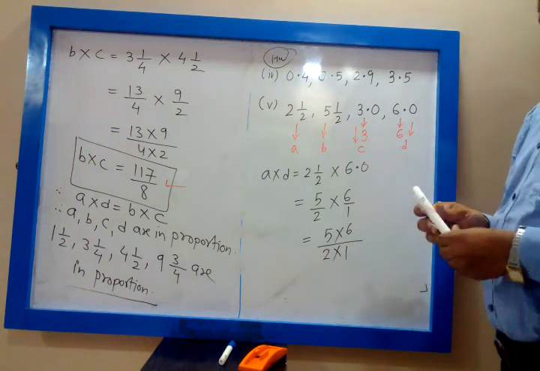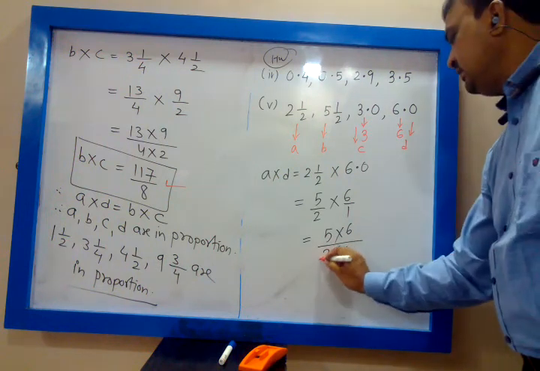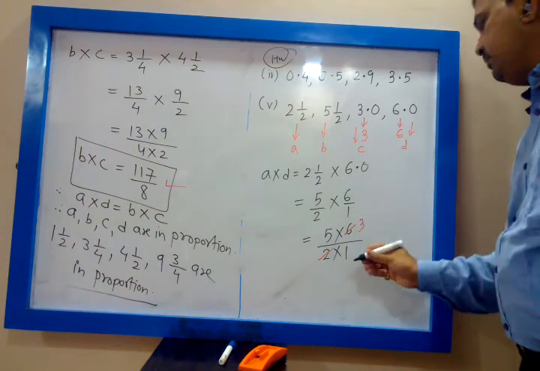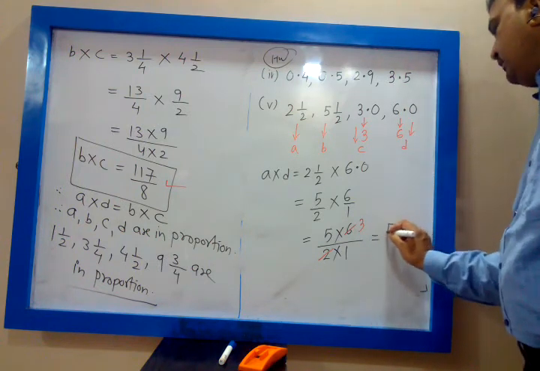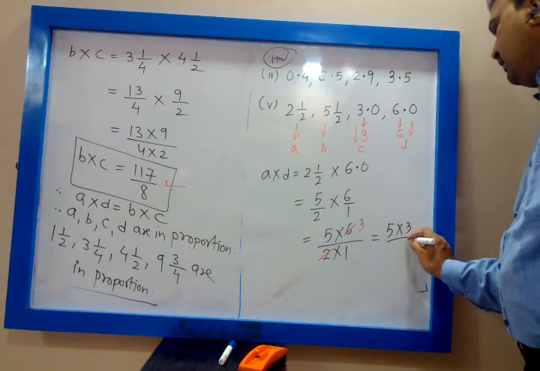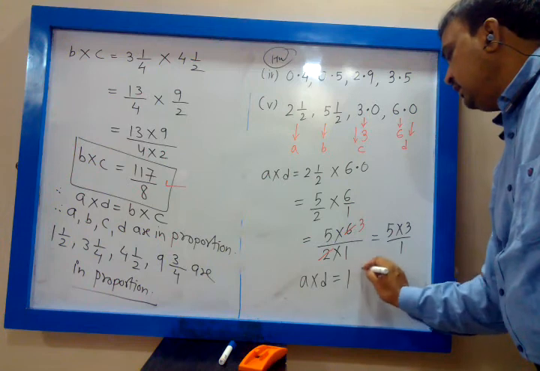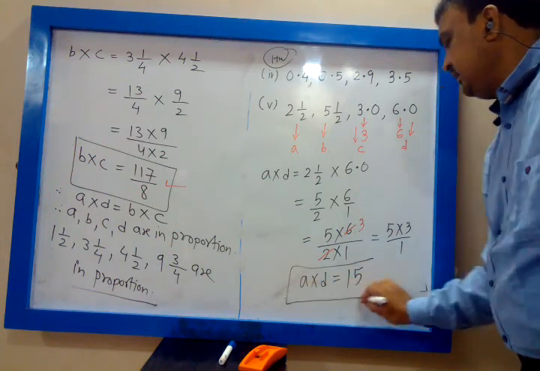Now cancel the common factor of numerator and denominator. 2 3s are 6. So what is left? 5 into 3 upon 1. So A into D is 15.